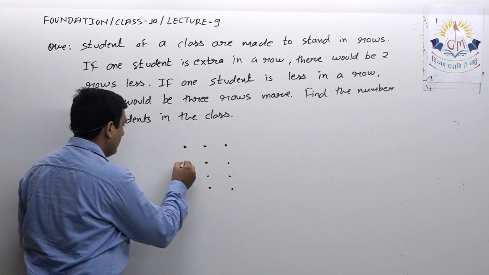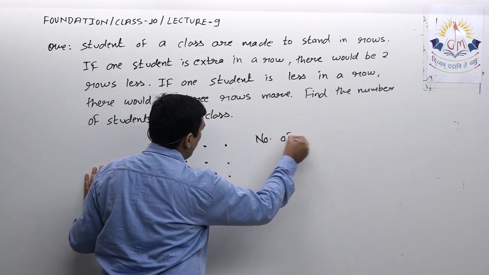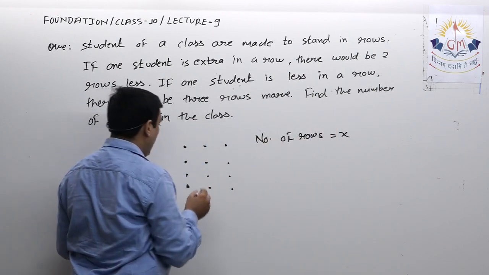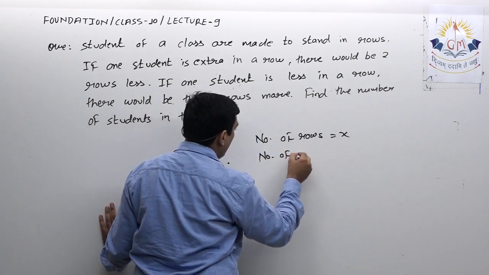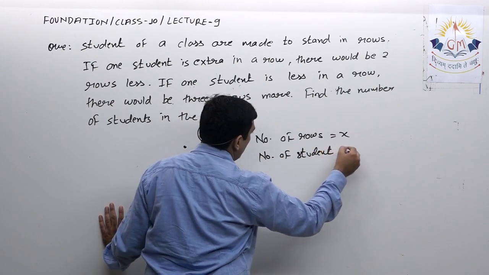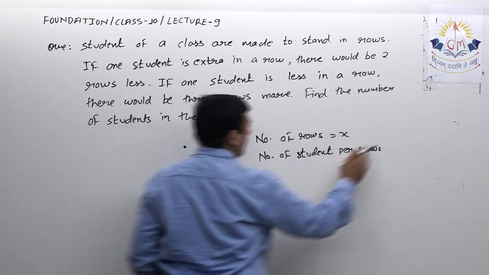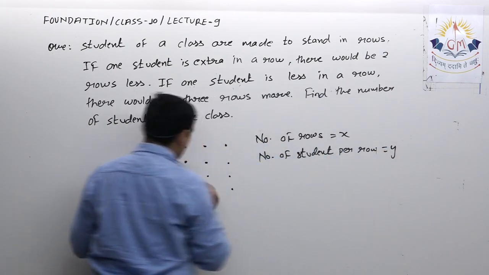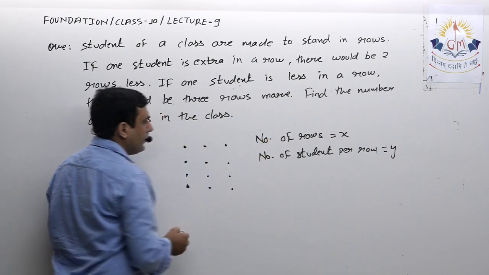If I consider the number of rows to be x, and the number of students per row to be y, then there are x rows and in each row there are y students.